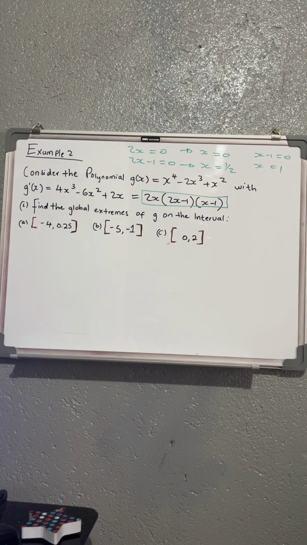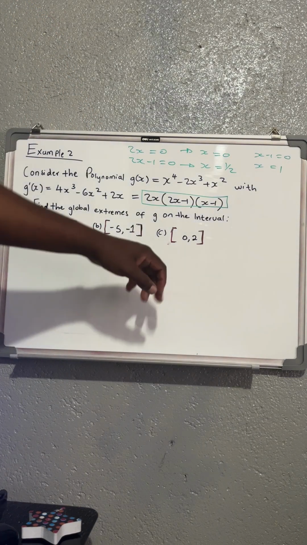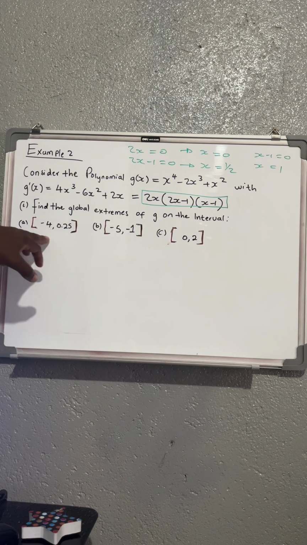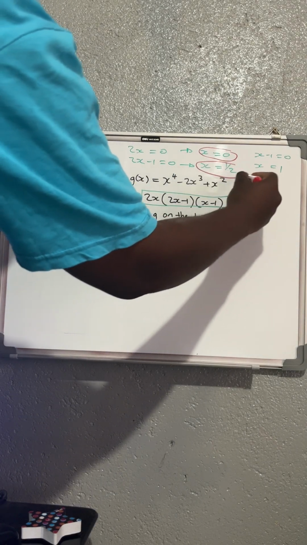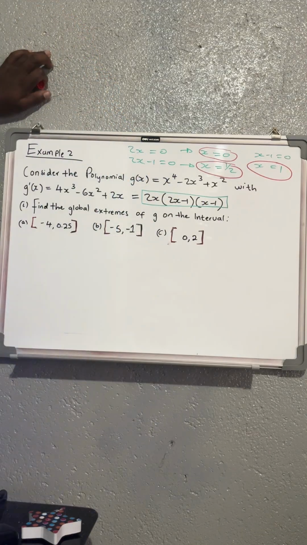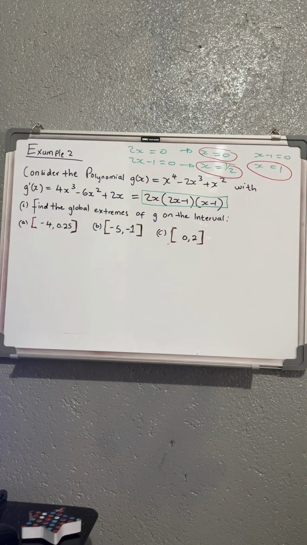For each and every range that you see here, you're going to check if these x values that you got are falling within the range. We're only having these 3, so you always check if they're falling within the range, and you start by calculating.